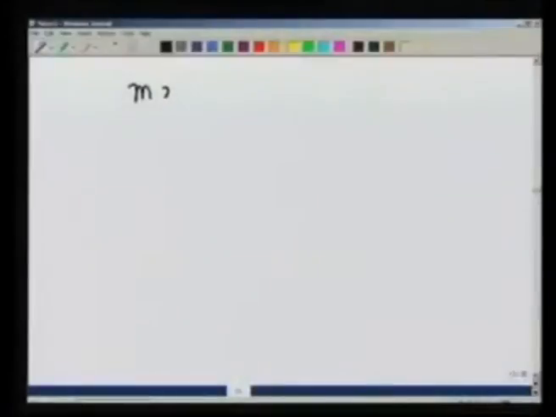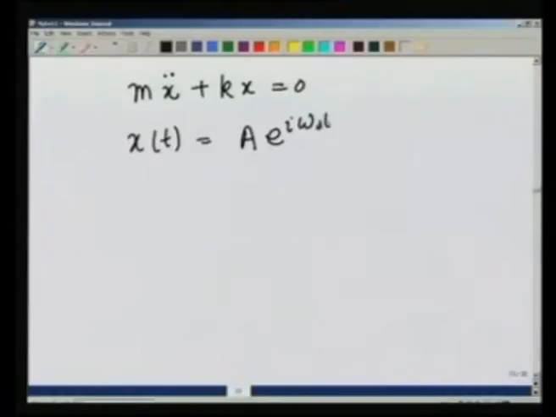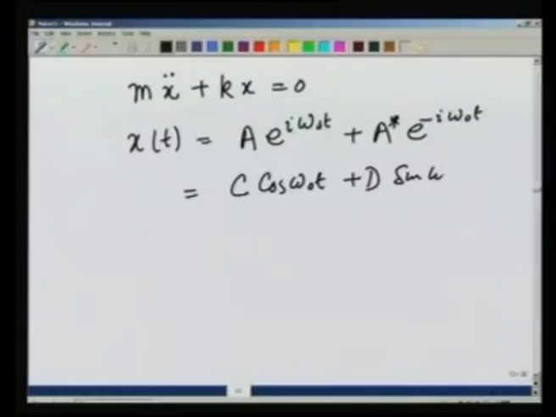So, what we have learned so far is, given this equation for a spring mass system or the motion of a particle about its equilibrium point, its motion is going to be described by the displacement x(t) equal to A e^(i omega_0 t) plus A star e^(minus i omega_0 t), or equivalently C cosine of omega_0 t plus D sine of omega_0 t.